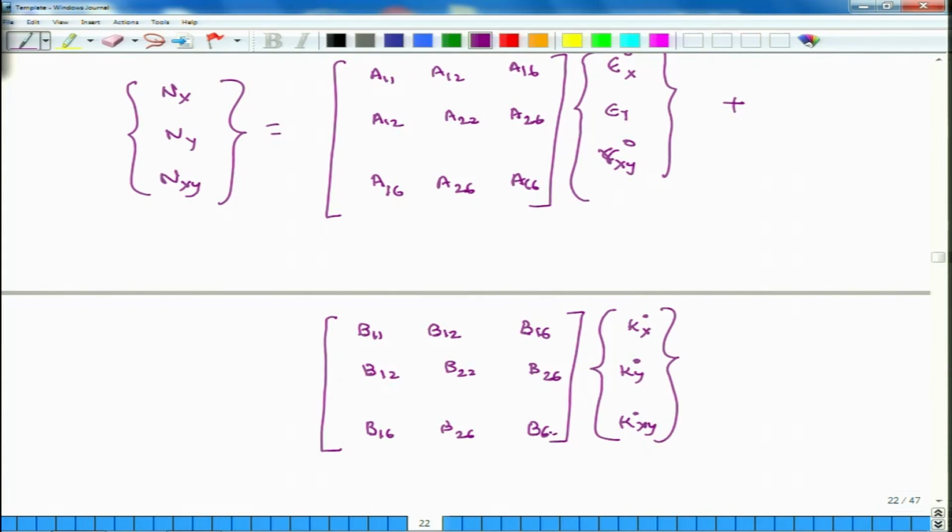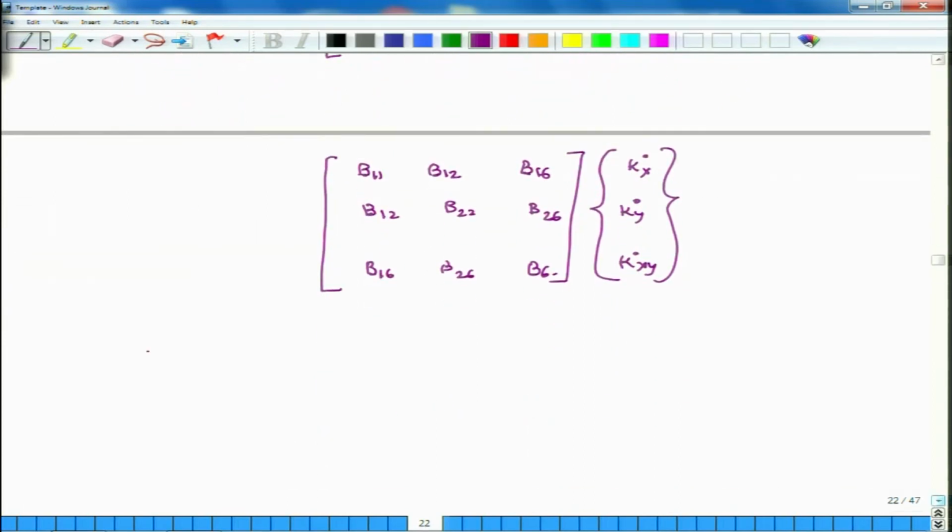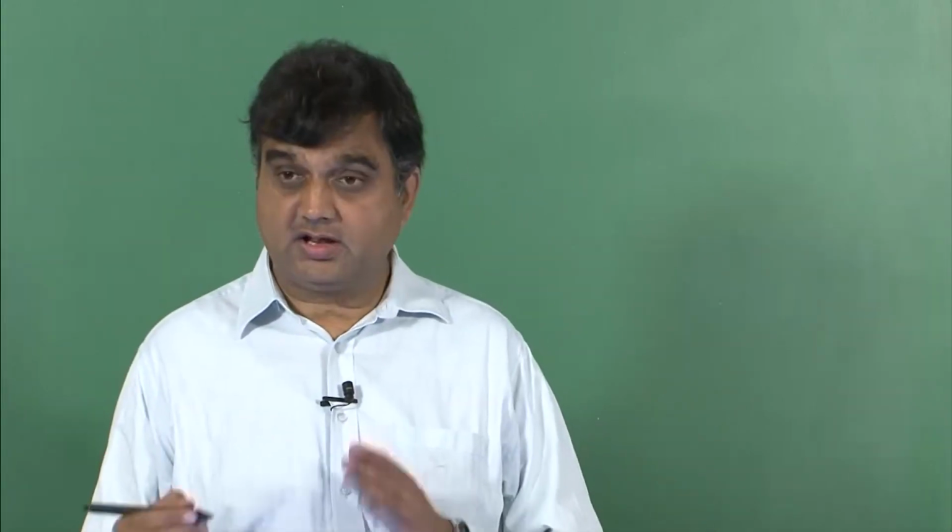Okay. So, these are the relations, or in brief I can write the same relation as N equals A times epsilon naught plus B times the mid-plane curvature. Okay. So, this completes our discussion for developing a relation between N and epsilon naught and k naught.